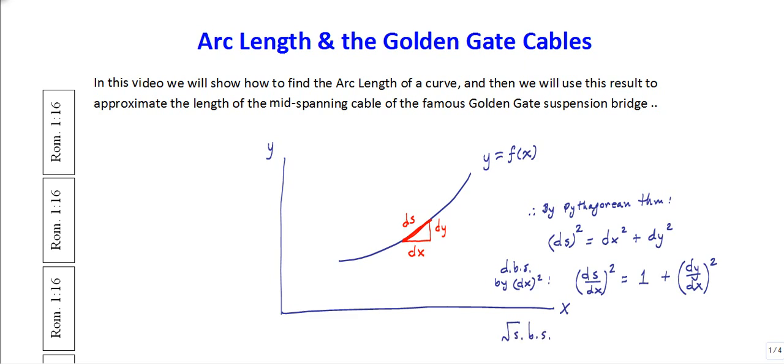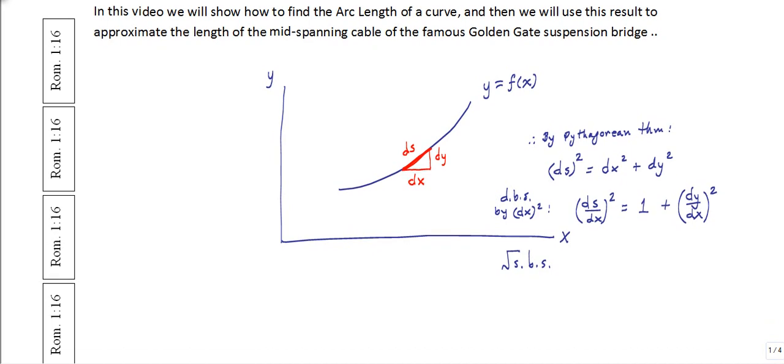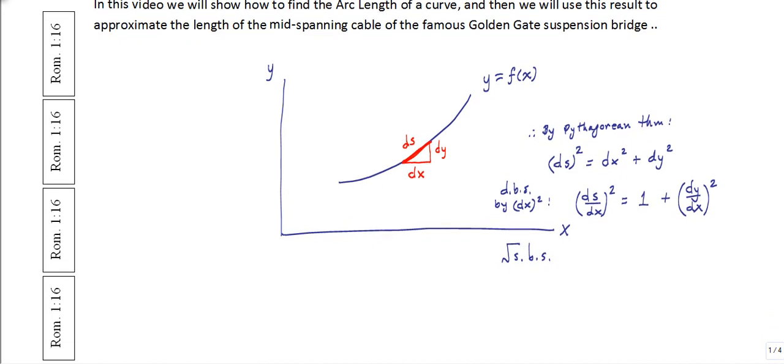These are some of my abbreviations: dbs stands for divide both sides, and root on the s, bs stands for square root of both sides. When I do that, I get ds over dx is equal to the root of 1 plus (dy over dx) squared.